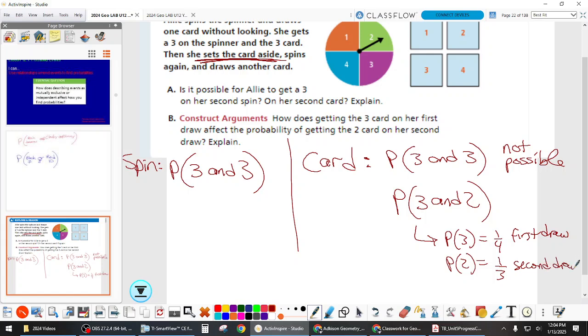Yeah. So do you see how the probability changed? Okay, that is an example of one event influencing the probability of another event. So we have to study how to solve those kinds. And so the question there is independent versus not independent. Okay?